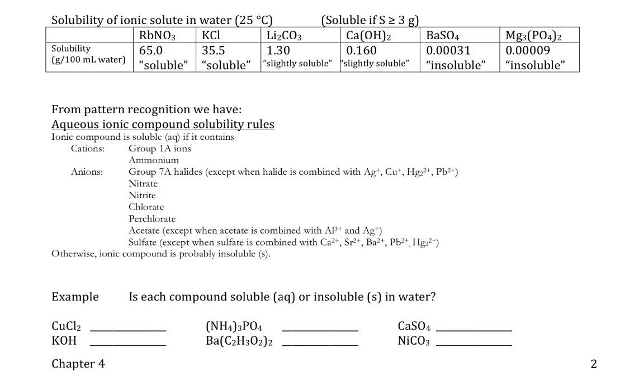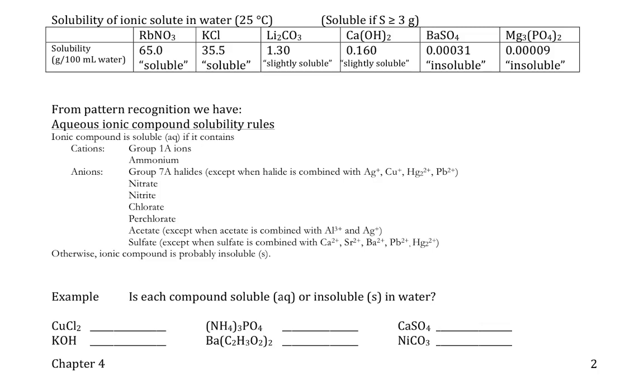From pattern recognition, so from observing many, many ionic compounds, we have what are referred to as solubility rules, or with more description, aqueous ionic compound solubility rules. So we're talking ionic compounds dissolving in water.